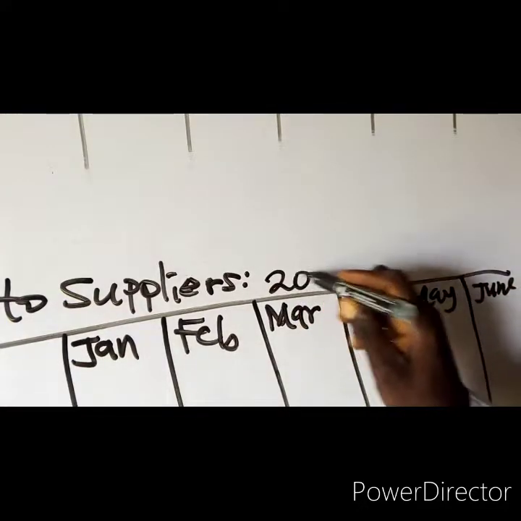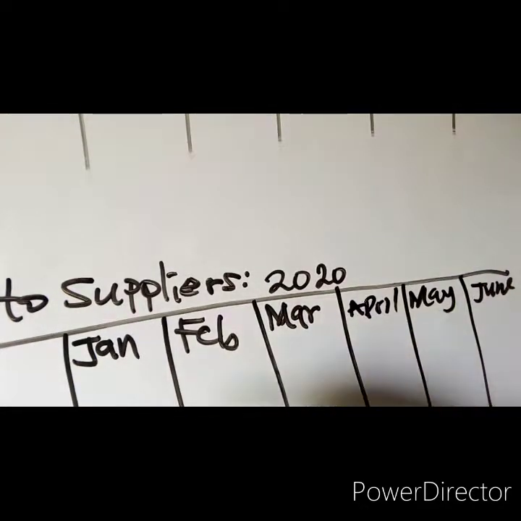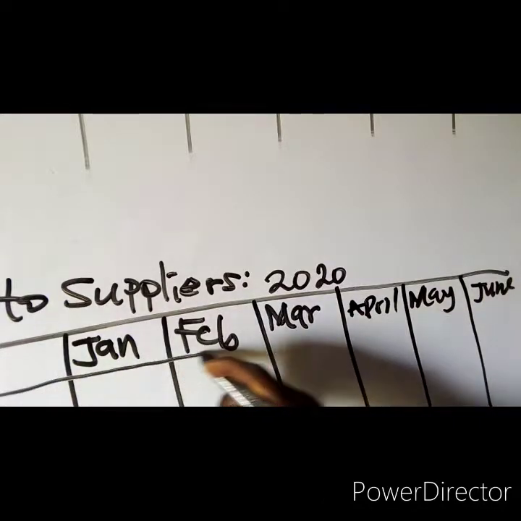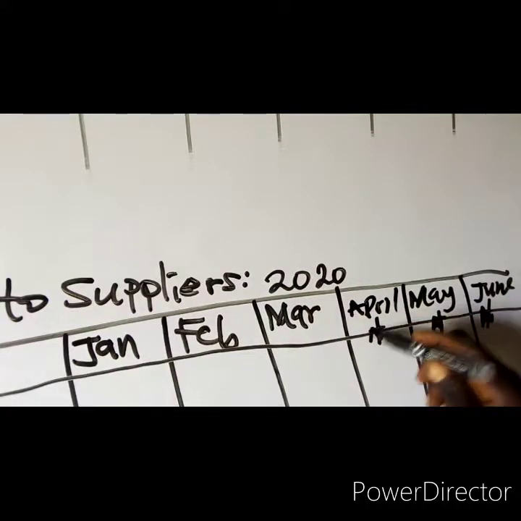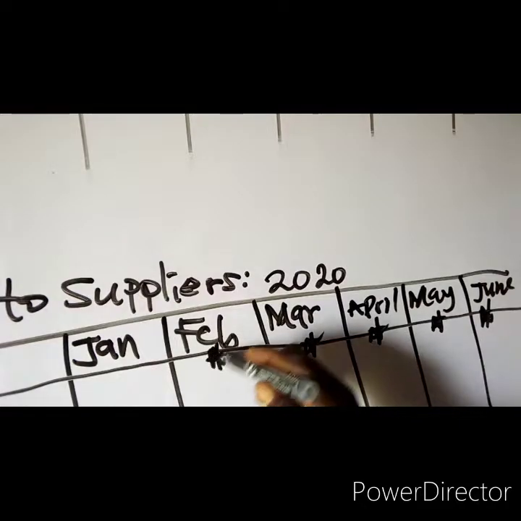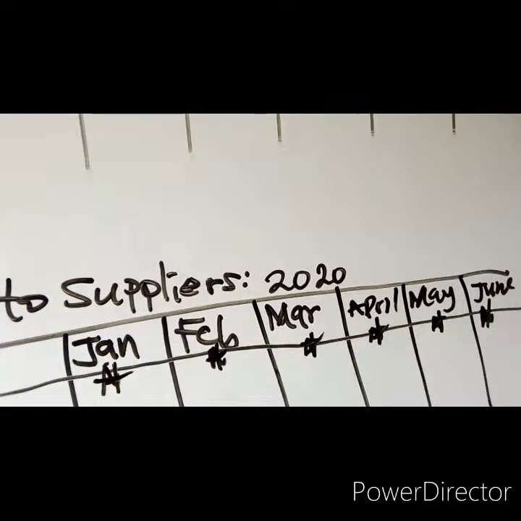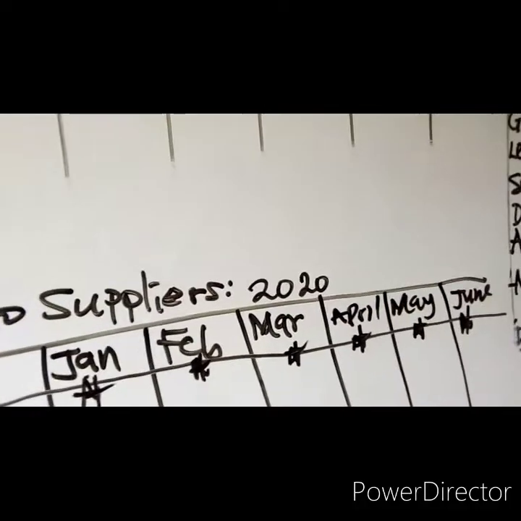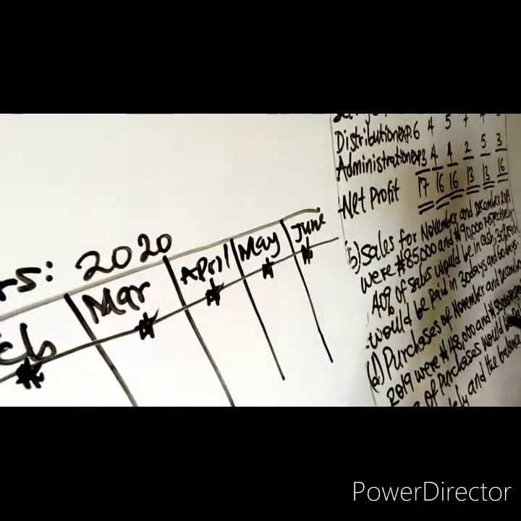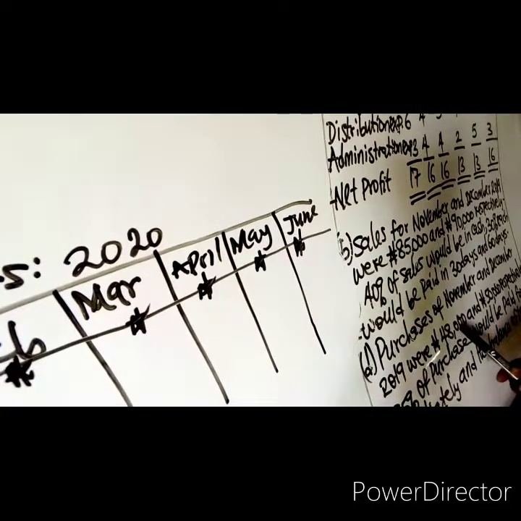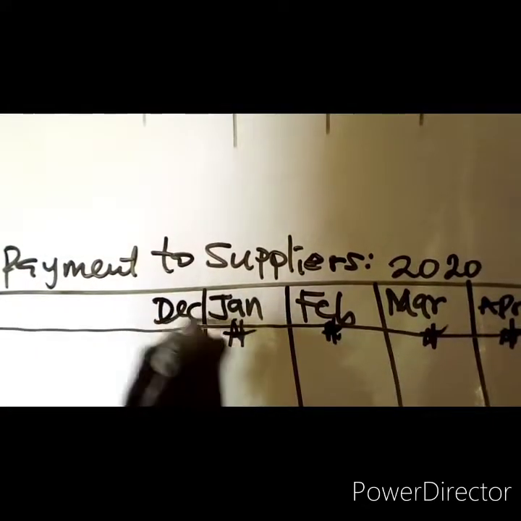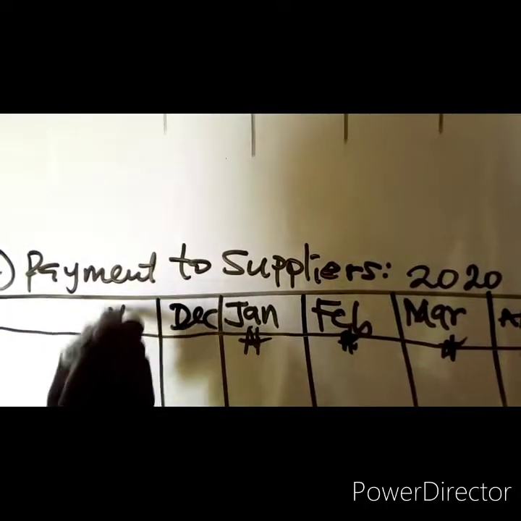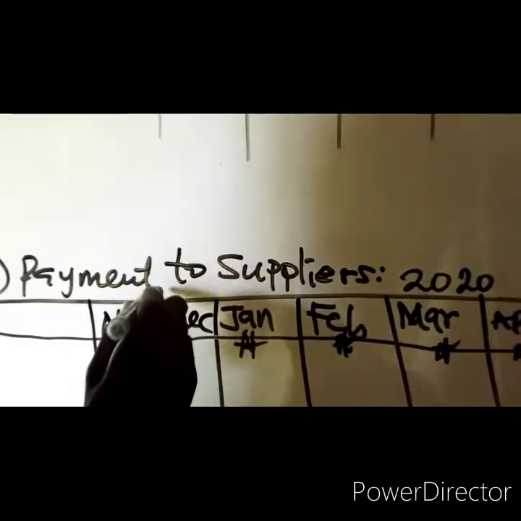This is for year 2020. Then you were also told that purchases of November and December 2019 were 48,000 naira and 50,000 naira respectively. Let's have for December 2019 and November 2019. This is for 2019.